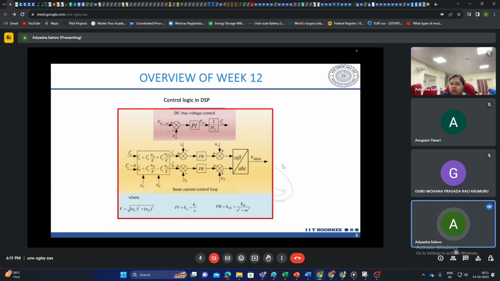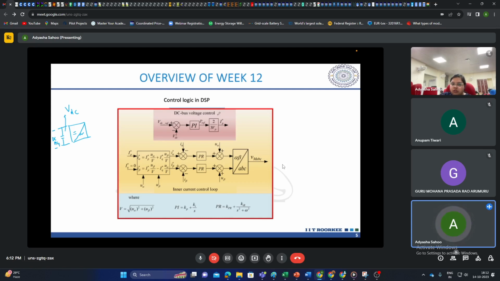So the control logic is embedded in the DSP platform as we studied. Basically, first we compare the DC link voltage, like if this was your inverter. It is connected to the DC microgrid through this DC link capacitor, and here you have the DC microgrid consisting of DC source and loads.